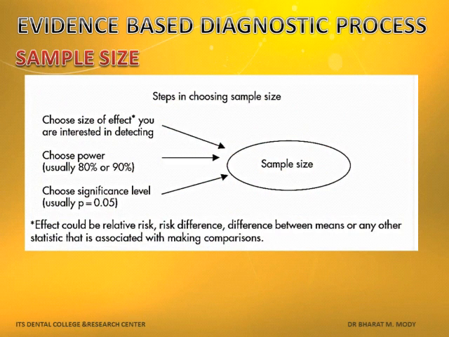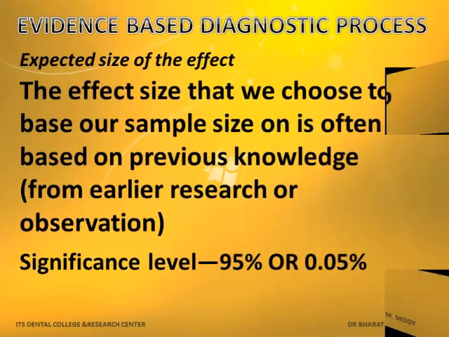So when you do a diagnostic test, the sample size should be based on the effect size, power and the significance level. All these three, which are taken from the pilot study, will decide what the sample size would be. The pilot study and the previous studies which have been done will tell you the size of the effect. It tells you the power also, and the significance level you can decide at 0.05, and that is how sample size will be determined.